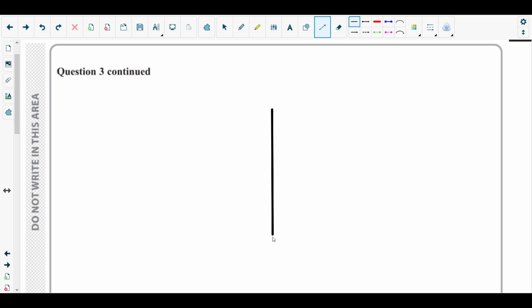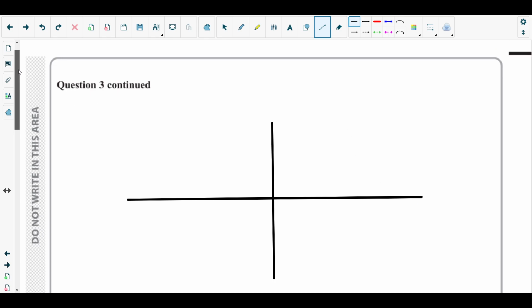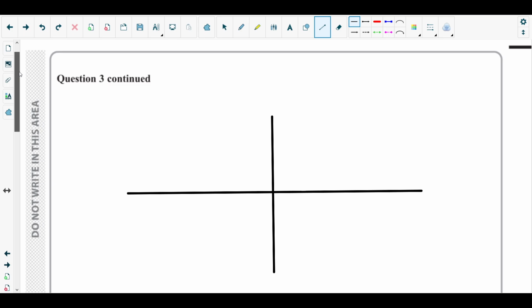Let's draw the axes first. This is the y-axis, and this is the x-axis. So we have the points of intersection with the x-axis: -1, 0 and 1/3.